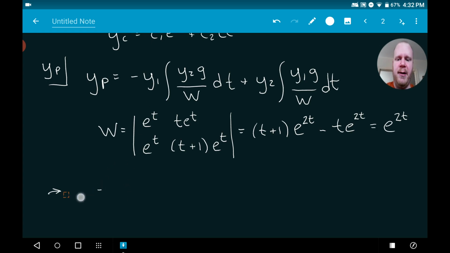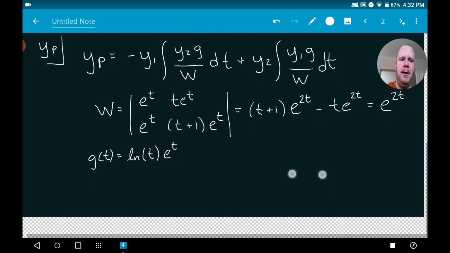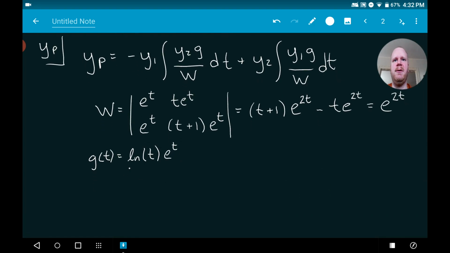I guess we can remind ourselves that g of t is from our original differential equation. So that's going to be natural log of t times e to the t. And hopefully these will turn into some nice integrals for us to solve.